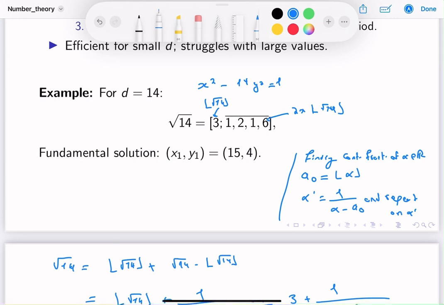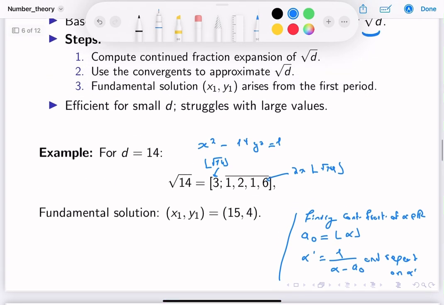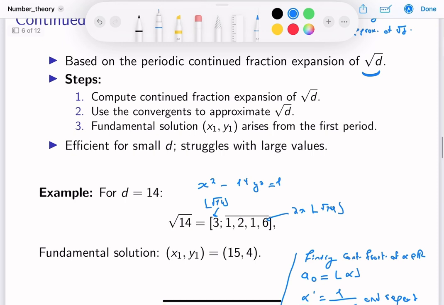So now that we've found this, what we can do is actually stop at, in our notation, the (p minus 1)th coefficient, right? So this is a1, this is a2, and this is a3, so it's basically a_{4 minus 1}.